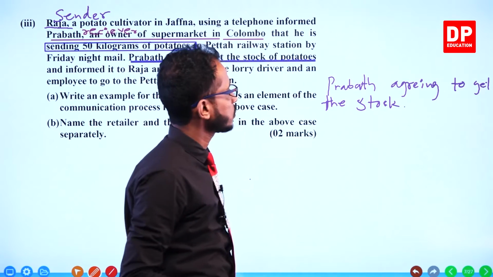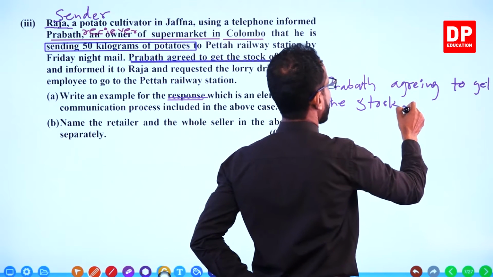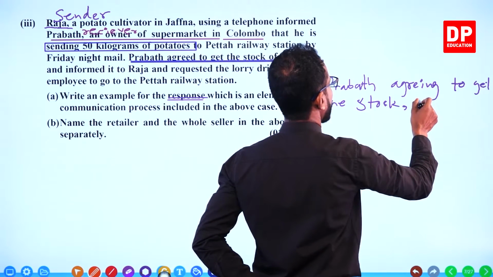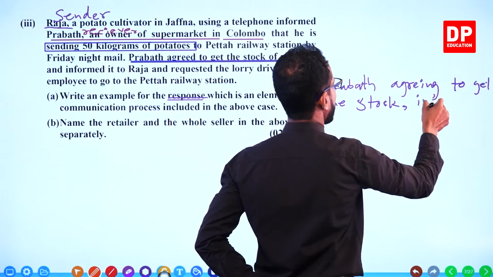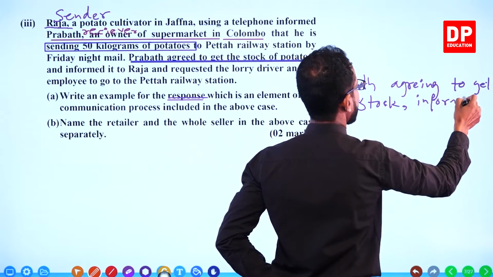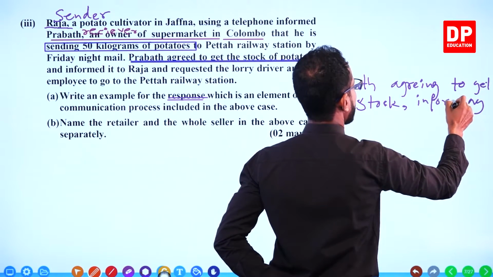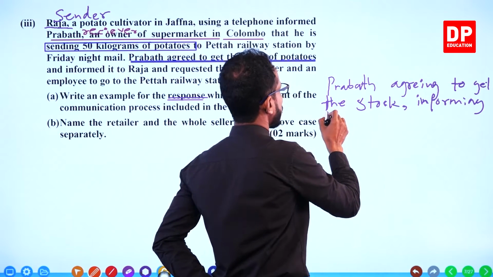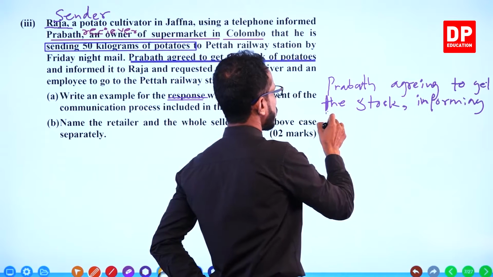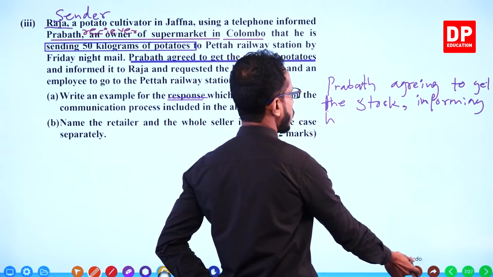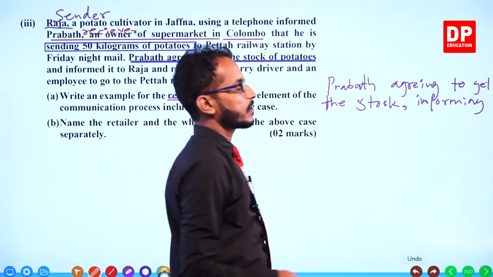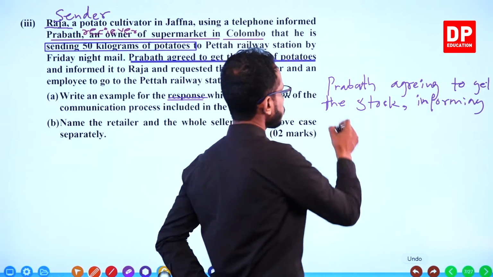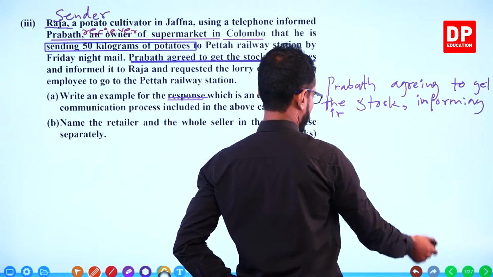Agreeing to get the stock. Informing it to Raja. Yeah, that's it. Informing it to Raja.